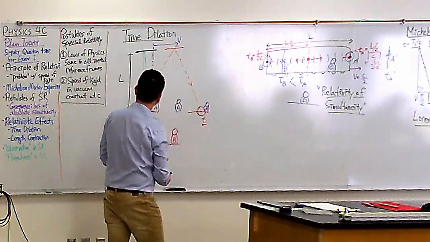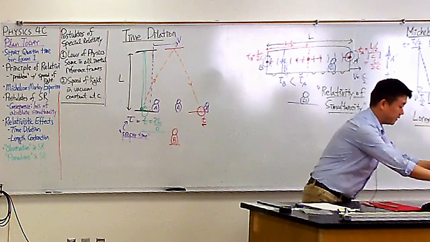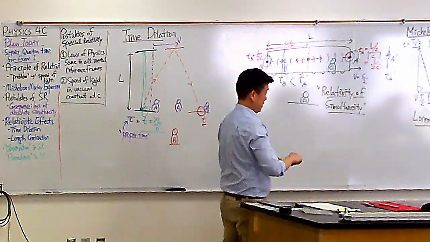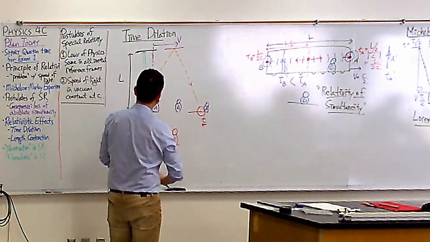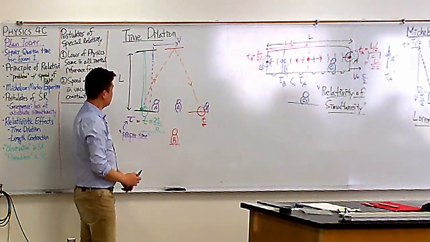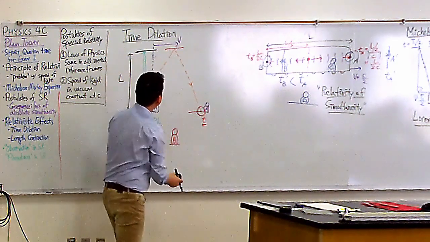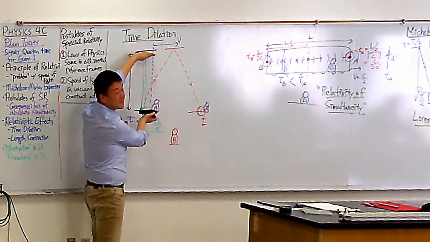So I guess I need to first figure out the distance that the light has to travel in the reference frame of B. This is an assertion that I'll need to make without spending too much effort trying to prove it. I think this distance is going to remain the same.